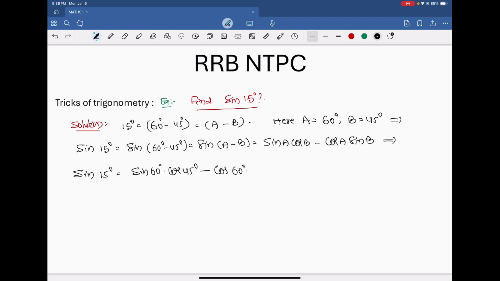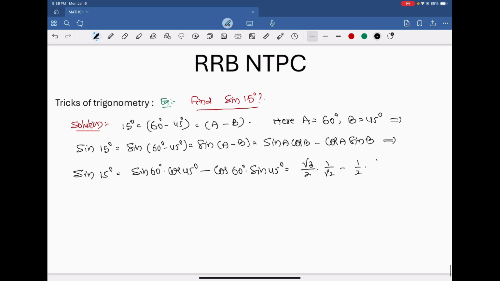We know the values of sin 45, cos 45. We'll substitute them. Sin 60 is root 3 by 2. Cos 45 is 1 by root 2. Then it becomes root 3 by 2 into 1 by root 2 minus cos 60 is 1 by 2, sin 45 is 1 by root 2.